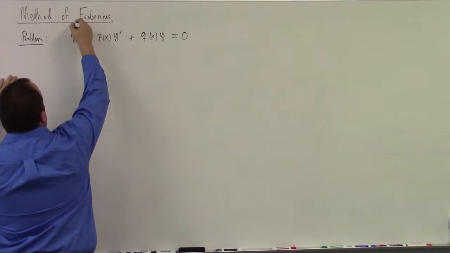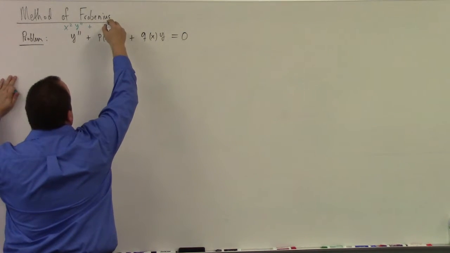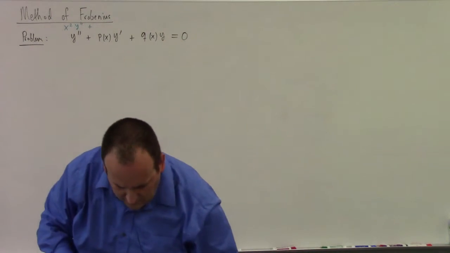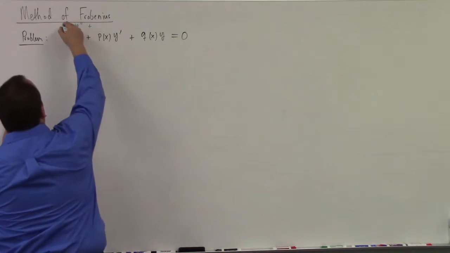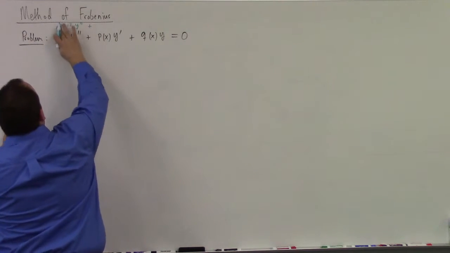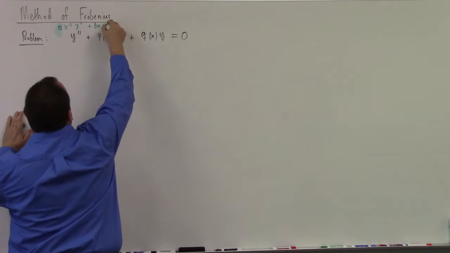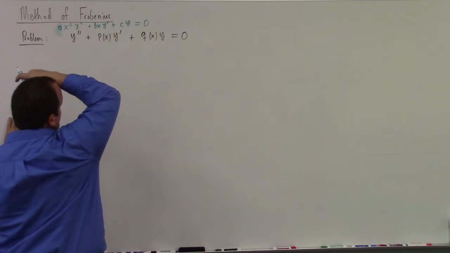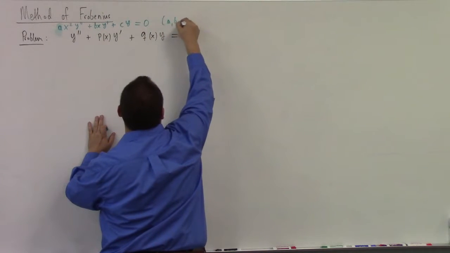Before this, you could think of it as ax squared y prime prime plus bx y prime plus cy equals 0, for a, b, and c constants.